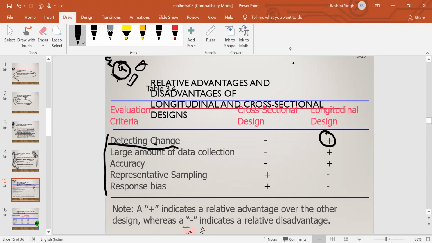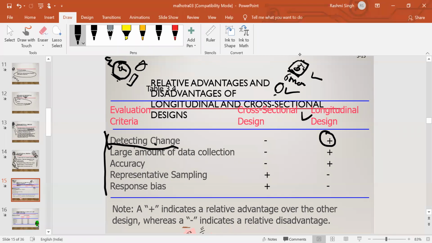First you collect the data from some set of consumers. Let's say you took 5 respondents and you measure their behavior. Then after a period of 6 months, again you take those 5 consumers and measure the change in behavior. Because your sample is the same, you can easily identify the change in behavior. So in case of detecting change, longitudinal research design has an advantage over cross-sectional research design.